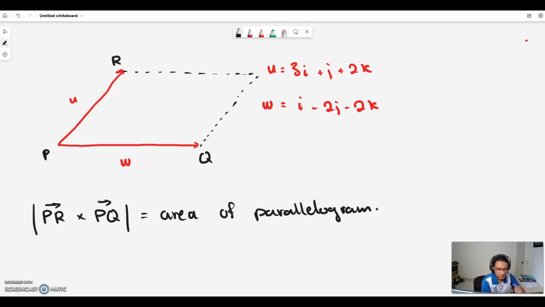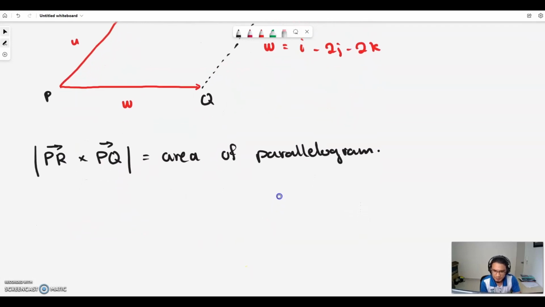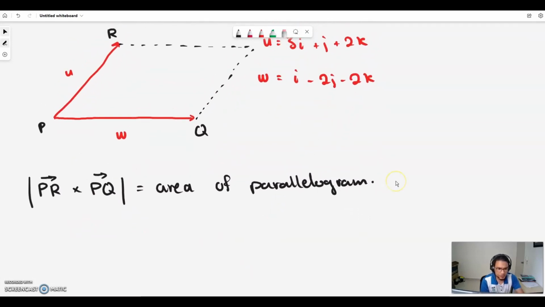So in order to find this area of the parallelogram, we firstly do the cross product by using the determinant method.